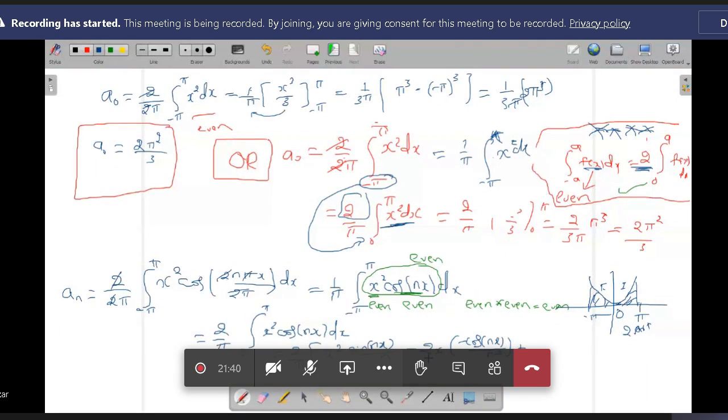So derivative of 2x is 2 and integration of cos is minus sin, so minus sin nx divided by n cube, and again minus derivative of 2 is 0, so the rest of the terms are 0, limits from 0 to pi. So this is how we can use Leibniz rule. I hope you are clear on that.